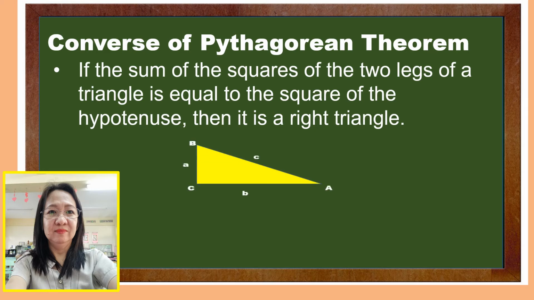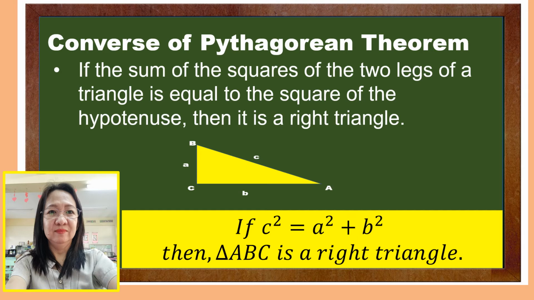So again, we have our triangle BCA, where angle C is our right angle. Then, if c squared is equal to a squared plus b squared, as we check in our given, then we can conclude that our triangle ABC is a right triangle.